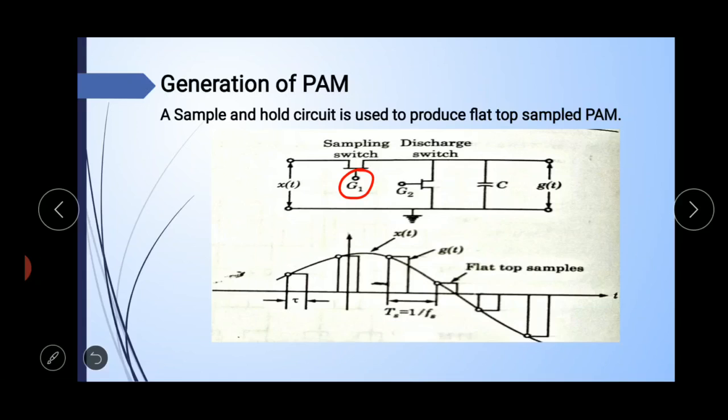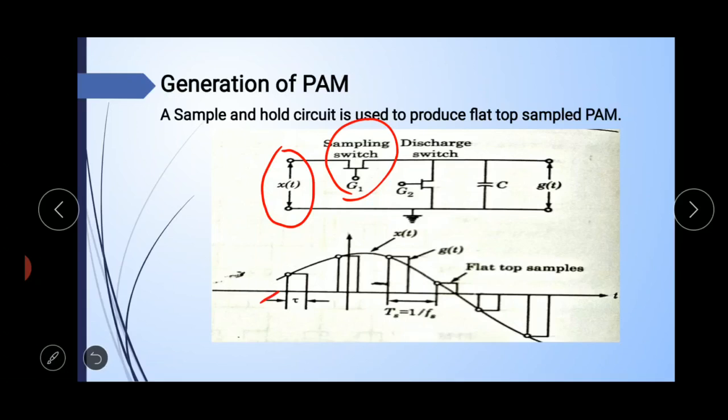During this period, the capacitor is quickly charged up to a voltage equal to the instantaneous sample value of the incoming signal. The input signal is applied here and a pulse signal is applied here. When a pulse signal is applied, for that duration only the sampling switch is closed.